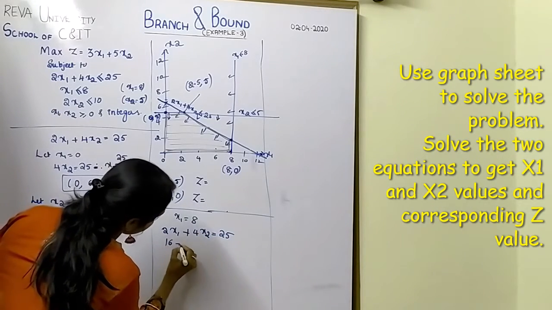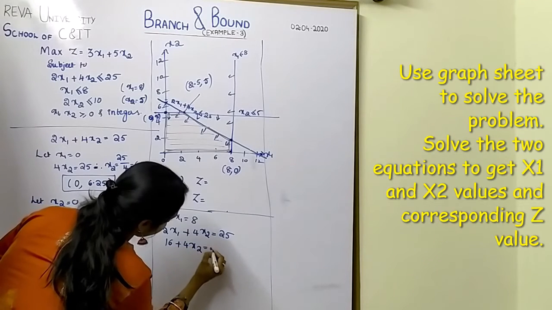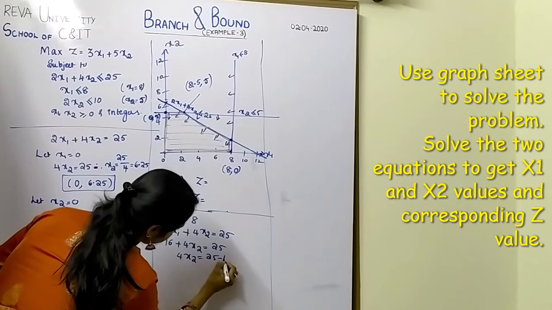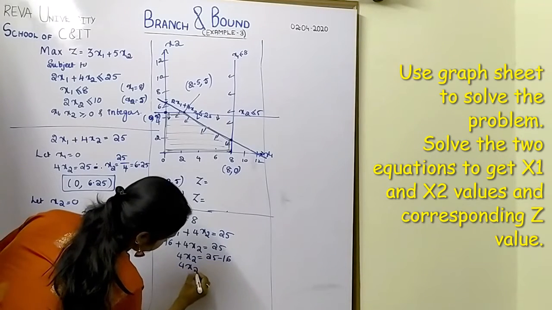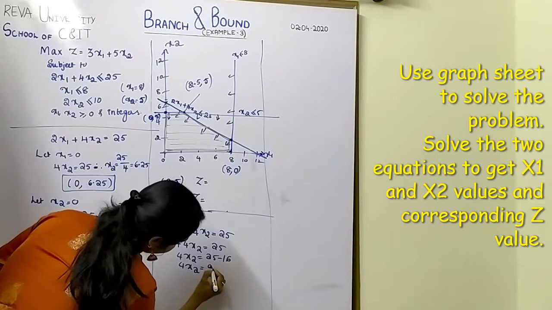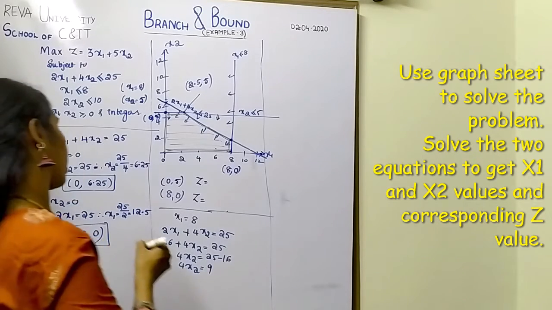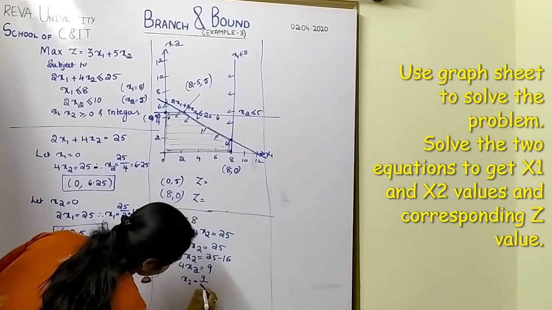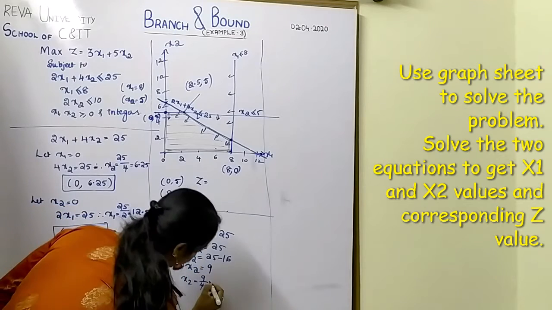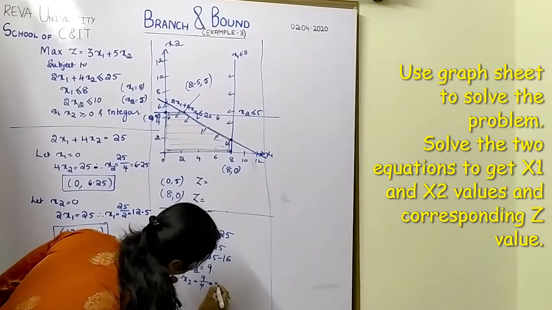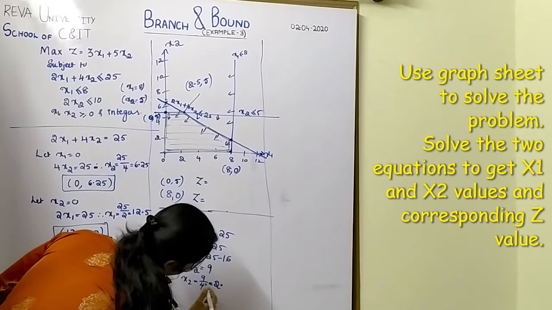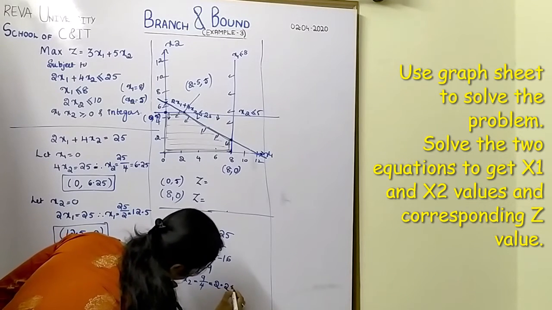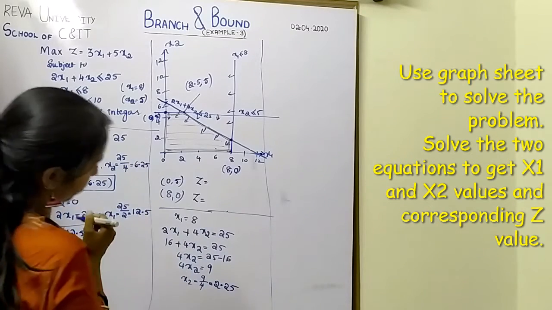So here 16 plus 4x2 equal to 25, 4x2 equal to 25 minus 16, 4x2 is equal to 9. x2 equal to 9 by 4, which is 2.25.